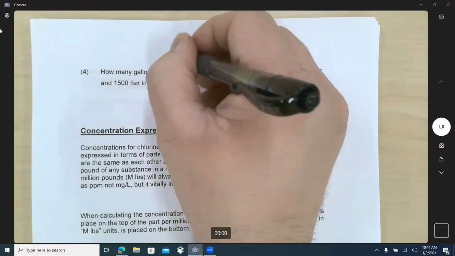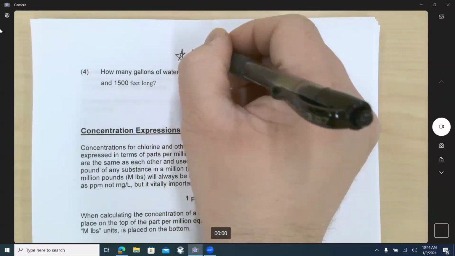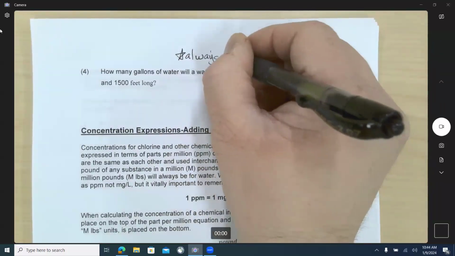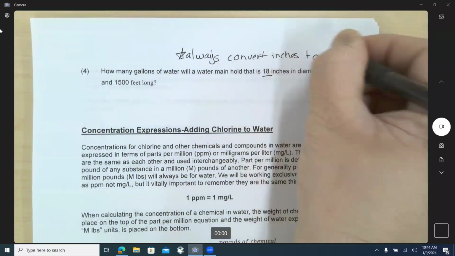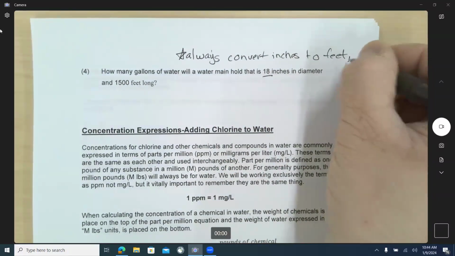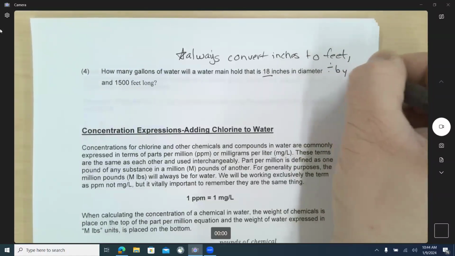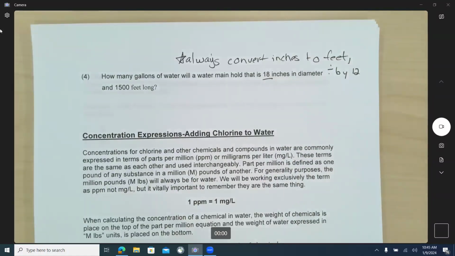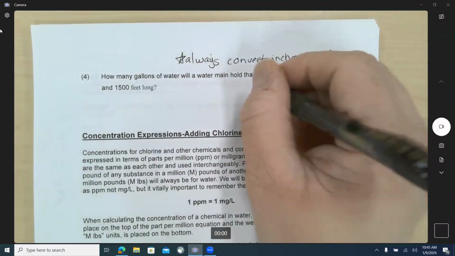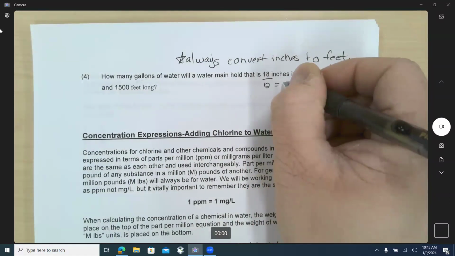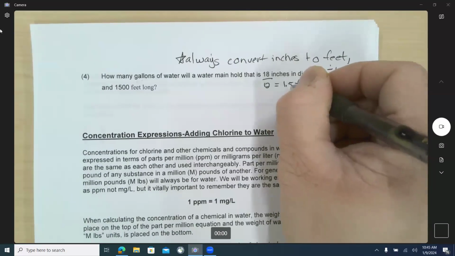Always convert inches to feet, and all you do is divide by 12. Because if you put these two different units into the formula, you're going to get a very different answer. And being that you're converting to gallons, your answer has to be in cubic feet. So you're going to divide the 18 by 12, which gives you 1.5 feet.